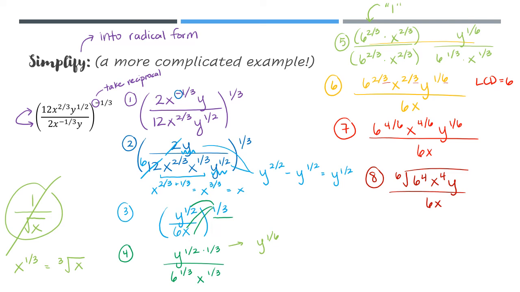And we should get, because I plugged this in earlier, the 6th root of 1296 times x to the 4th times y all over 6x. Okay, that is our simplified and rationalized form.